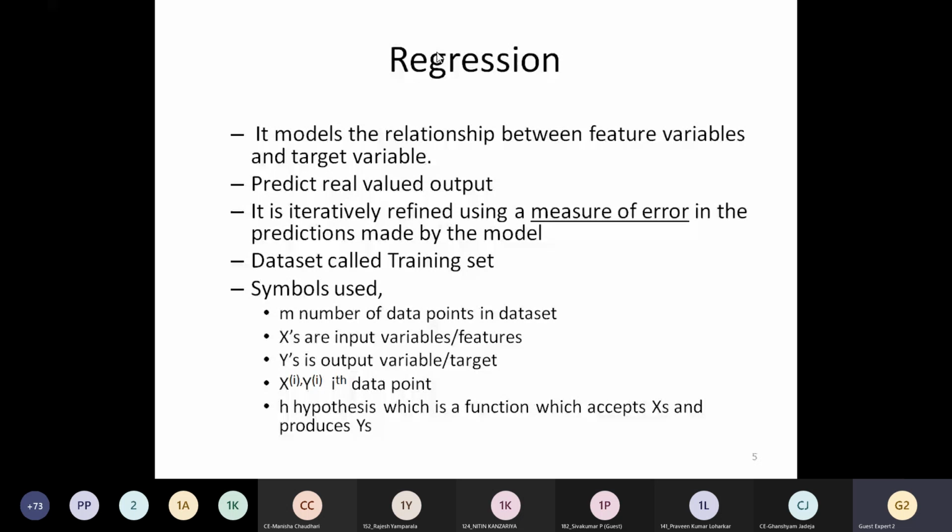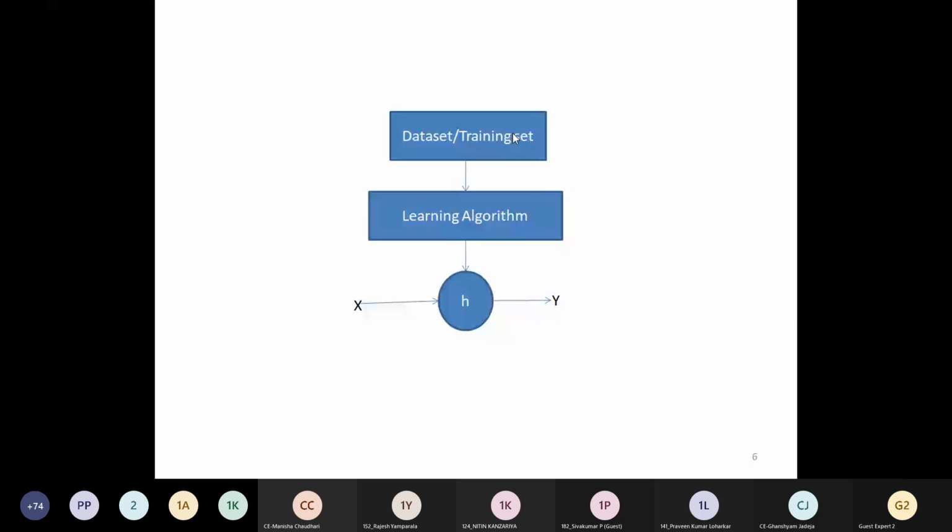Then h is used to denote the function or the hypothesis, which is a function which accepts x and produces the y. Now this is the regression algorithm. The input is the data set or a training set.